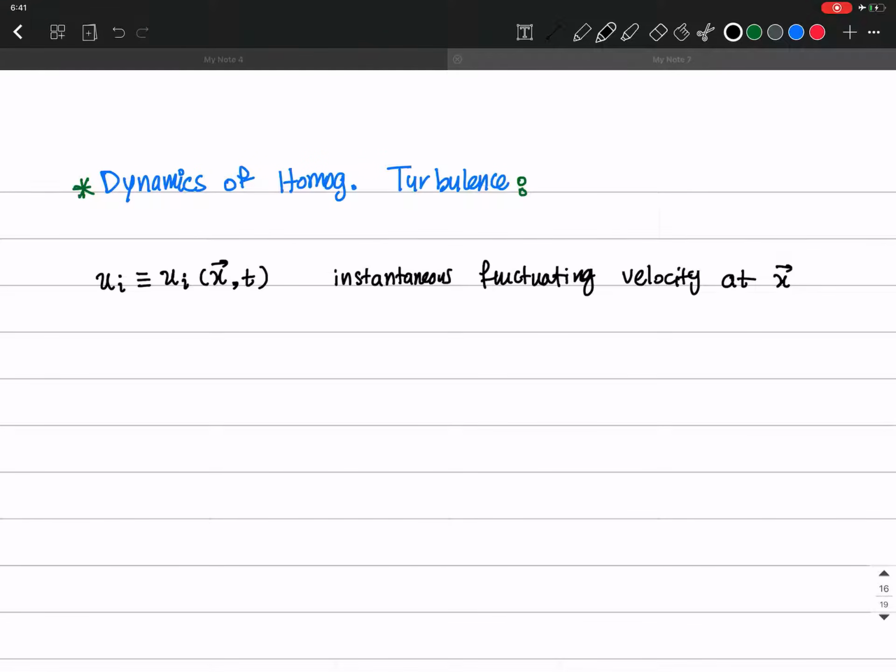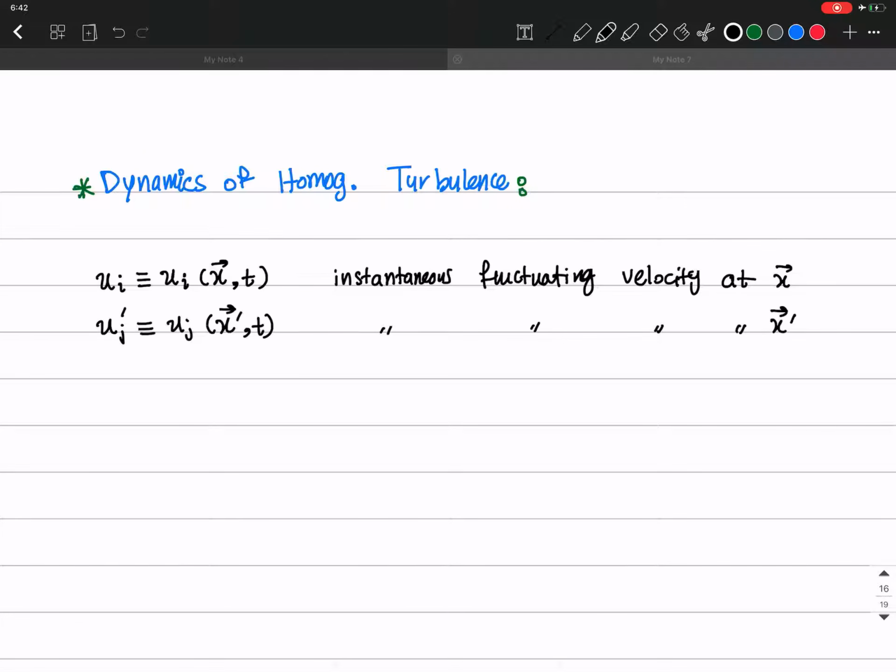Similarly, we define another notation for velocity at another location. We call this uj prime, and we define this as the velocity uj at location x prime and time t. Again, this is the instantaneous fluctuating velocity at x prime.